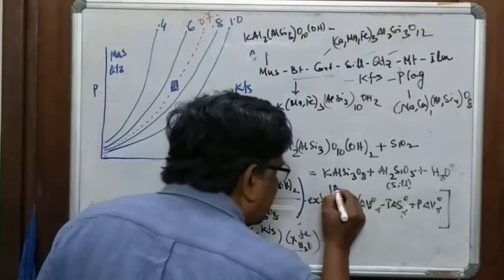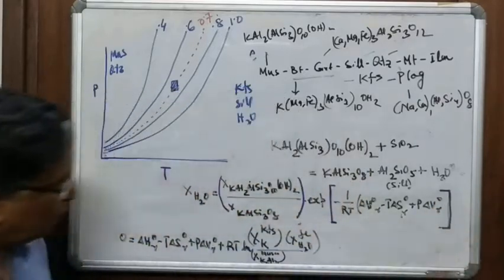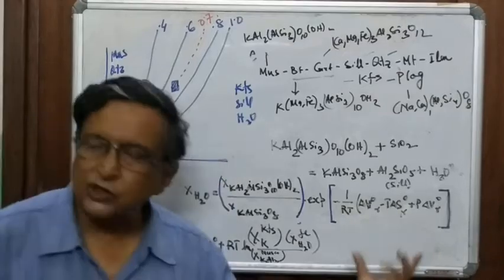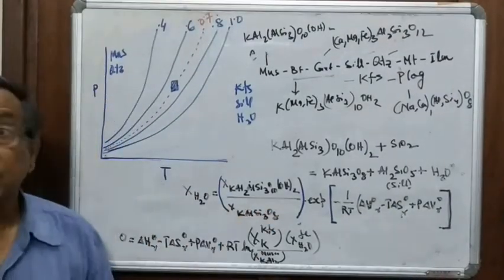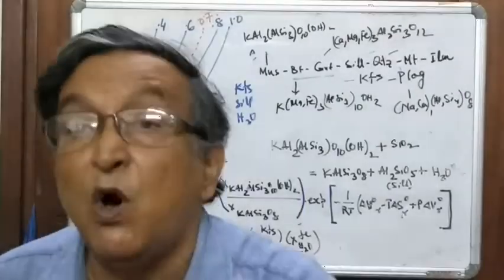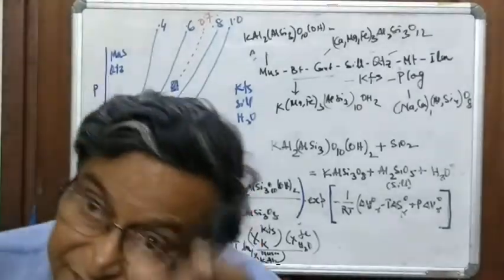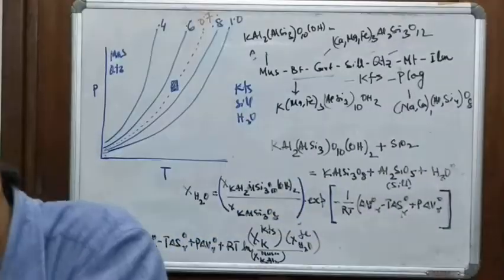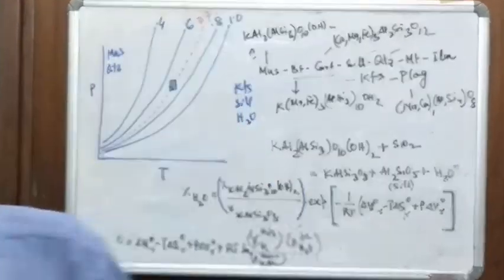There are two parts to this. One is this part. It does not involve any composition terms. And this part involves composition terms, mole fraction terms, activity terms, and activity coefficient terms. Activity coefficient is not here because we have taken ideal mixing just to make things simple.